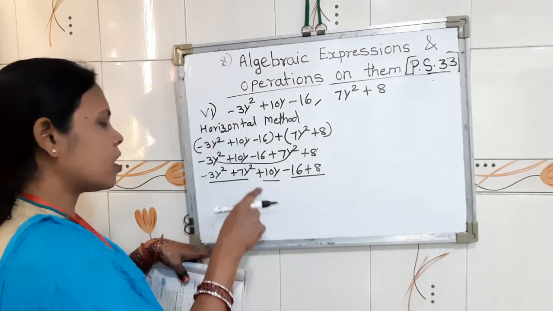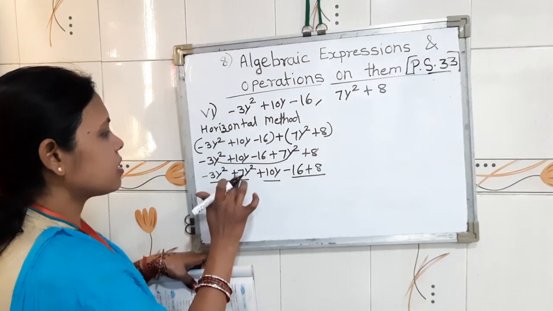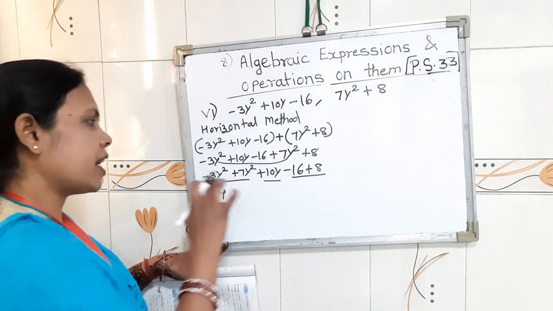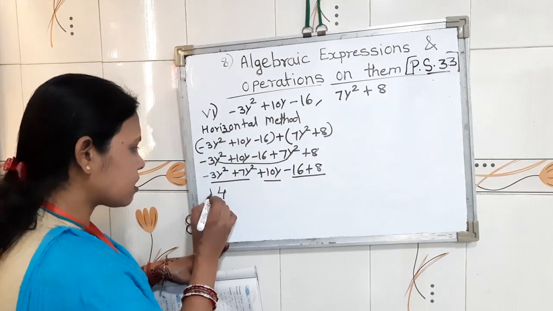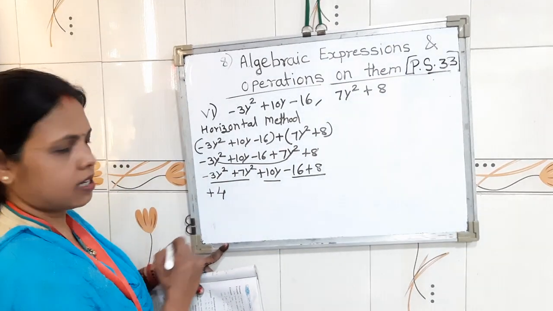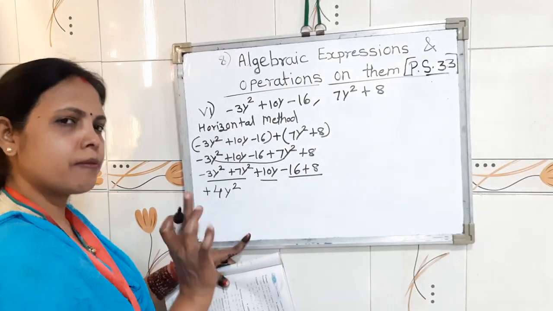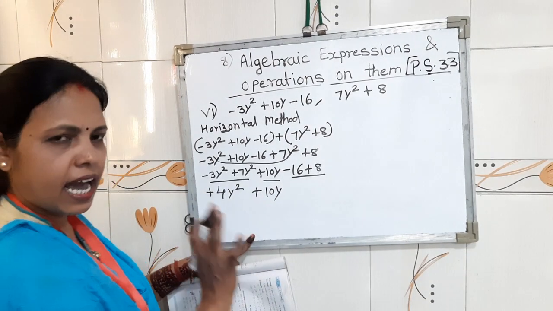From the greater number, we subtract the smaller number. 7 minus 3, answer is 4. Then 7 is carrying a plus sign, therefore in our answer we put a plus sign. Here it will be 4y square. The variable remains as it is. Next one, 10y will remain as it is.